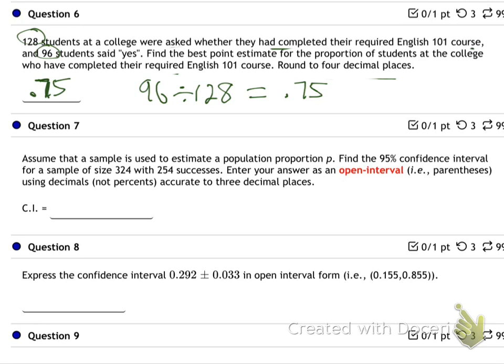So we think probably about 75% of the school. We know there could be some error, but we're not going there. We're just saying we think about 75%. That's all they want. They just want the main thing there. They don't want anything else on that. It's actually less work on that one. Does that make sense? Just divide the numbers.